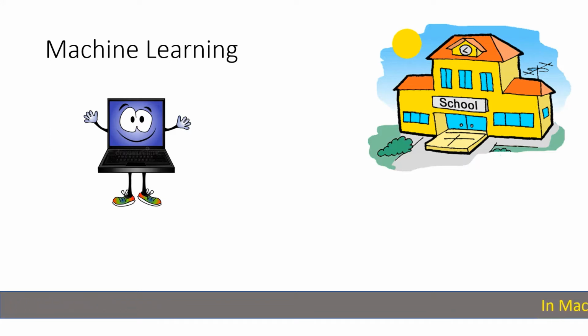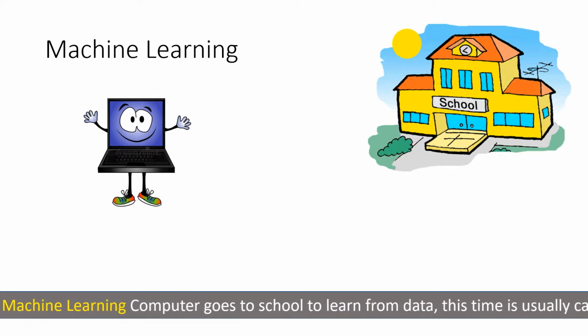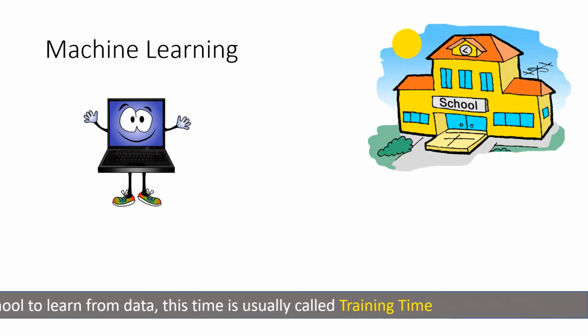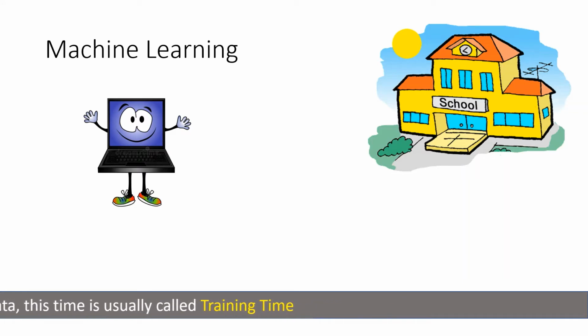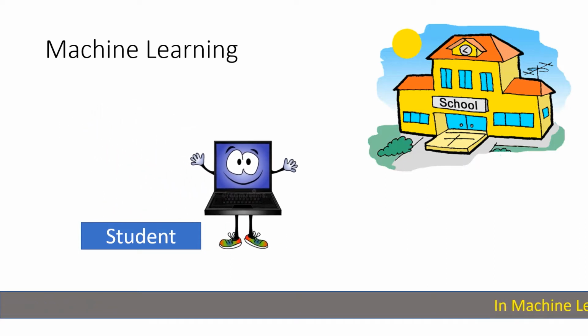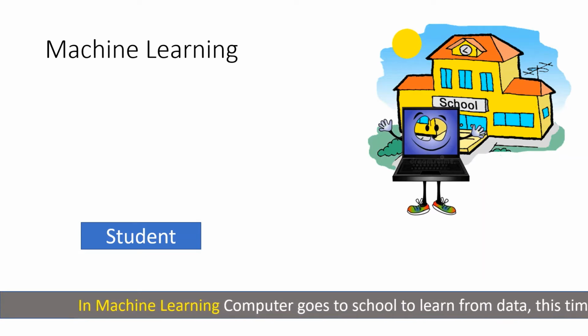After a while it can know everything about it, and then you can start asking it about some new information and it can answer you. It's very interesting to take this into consideration, because the student now is the computer, and it is going to read about your data and consider it very carefully, and then you can start asking it.